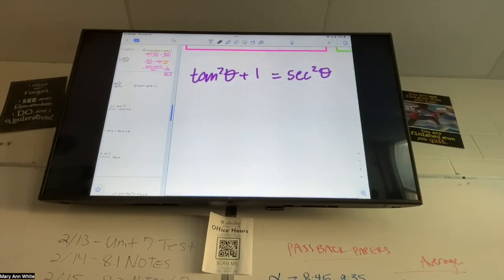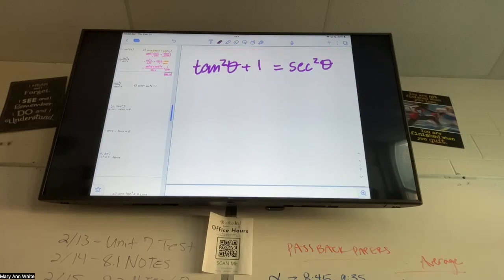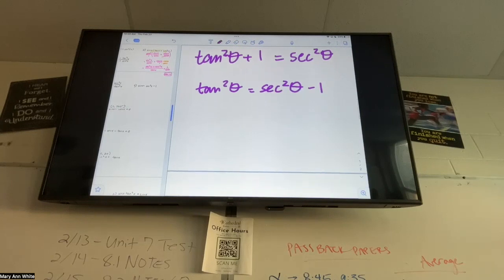Now I'm gonna manipulate these so I'm able to move everything to each side. So let's say I minus 1 first, I can get tangent squared theta equals secant squared theta minus 1. And then let's say I minus tan squared, I get 1 equals secant squared theta minus tan squared theta.